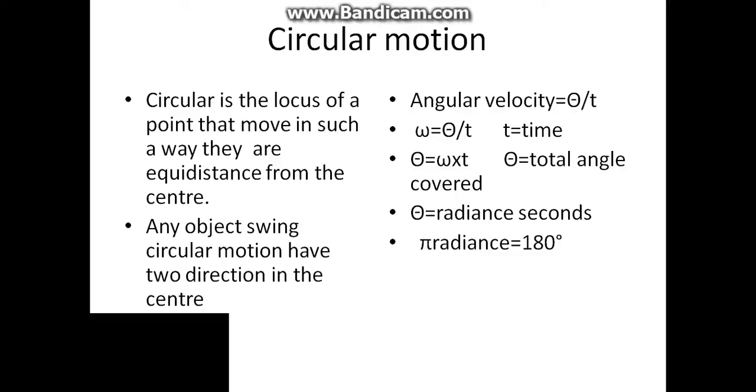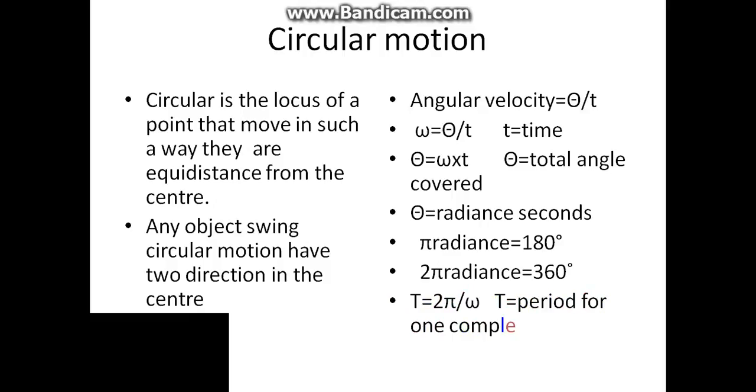Pi radians is equal to 180 degrees. 2 pi radians is equal to 360 degrees. Period capital T is equal to 2 pi over angular velocity, which is phi, where capital T is the period for one complete oscillation.